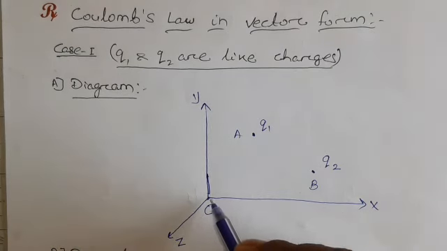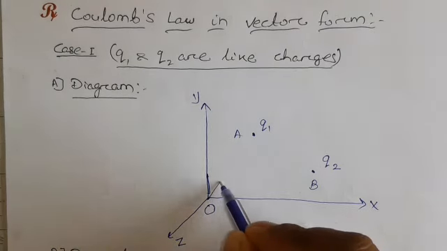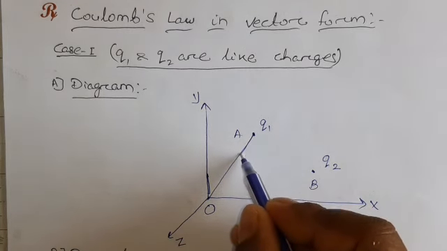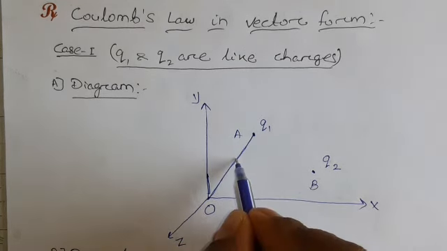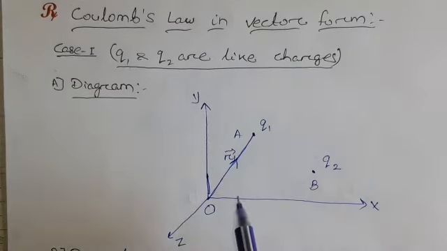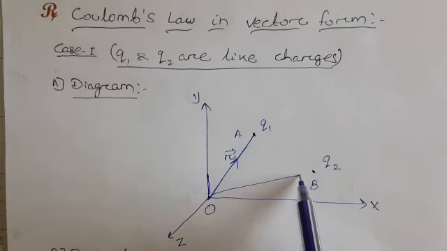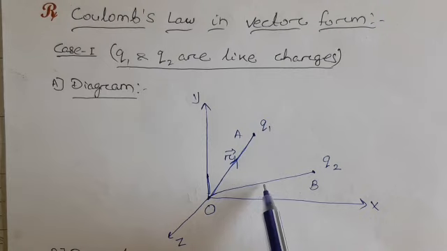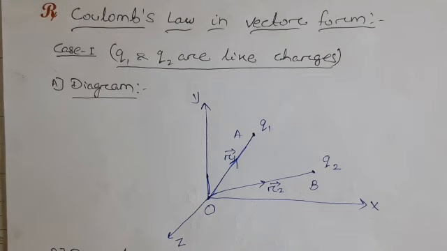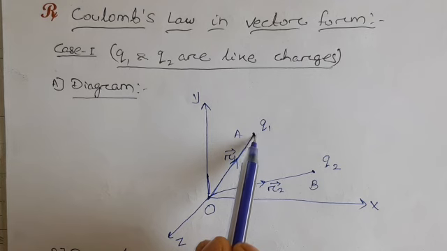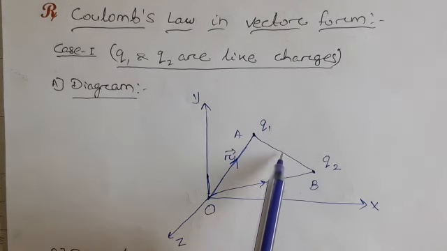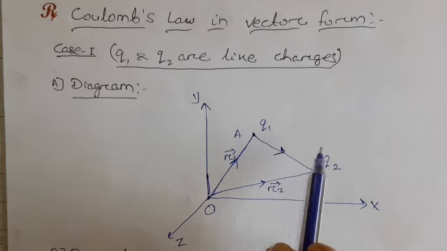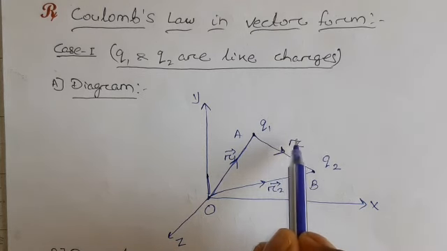First I want to draw the position vector of point A. Let's say it is the R1 vector. Again I will draw the position vector of point B, and I will say this is the R2 vector. Then if I draw a line from A to B, AB is the displacement vector, which I have named the R vector.